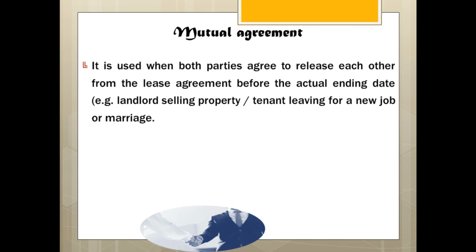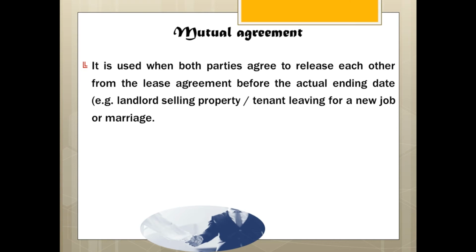We also have mutual agreement. It is used when both parties agree to release each other from the lease agreement before the actual ending date. For instance, the landlord selling the property or tenant leaving for a new job or marriage. In this case, they agree to release each other from the lease agreement.